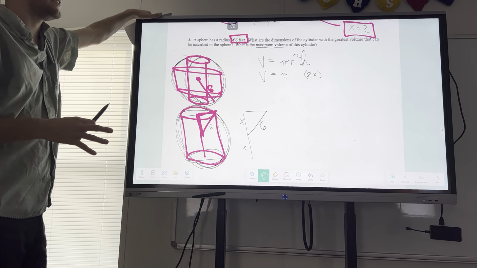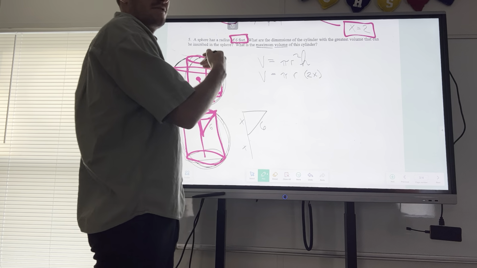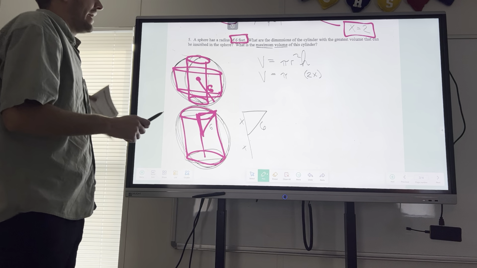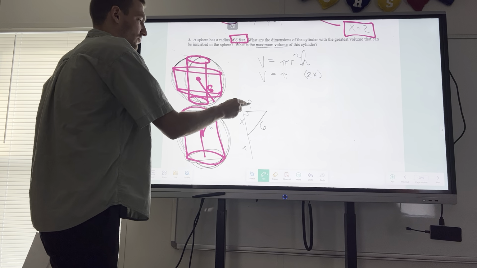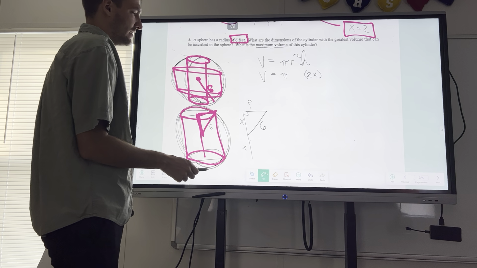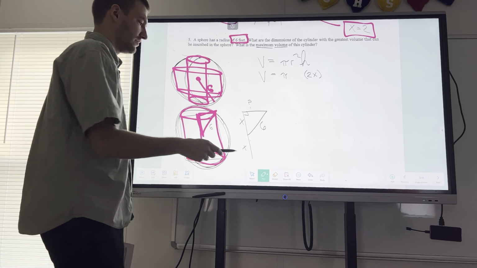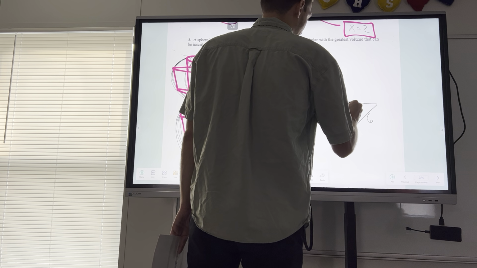Now our radius, if we just leave it as radius, we still have the problem of having 2 variables here. So let's try to figure out what the radius would be. And we know this is a right triangle. Let's try for a little Pythagorean theorem here. Okay? We've got a triangle. We've got 6. We've got X.